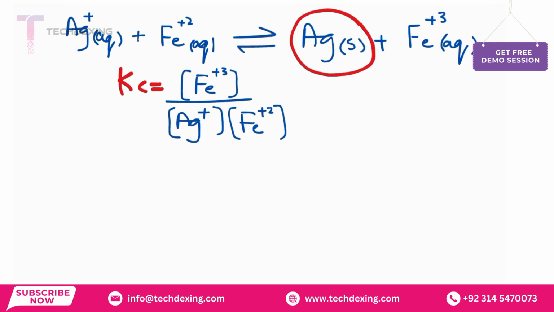So I have told you that while writing the equilibrium constant expression, you would not include the solid substance, whether it is the reactant or the product. The concentration of a solid is not included in the equilibrium constant expression, because it is believed that the concentration of solid would remain the same whether the reaction is going in the forward or the reverse direction. So the concentration of solid remains the same, so that's why it would not be written in the equilibrium constant expression.